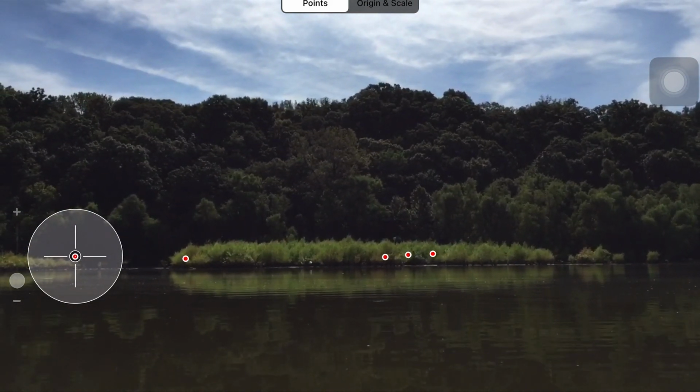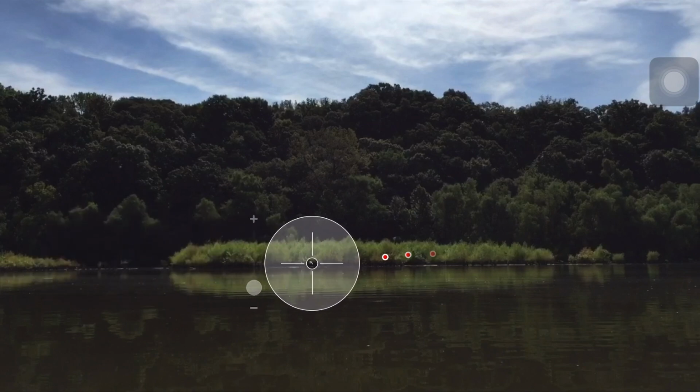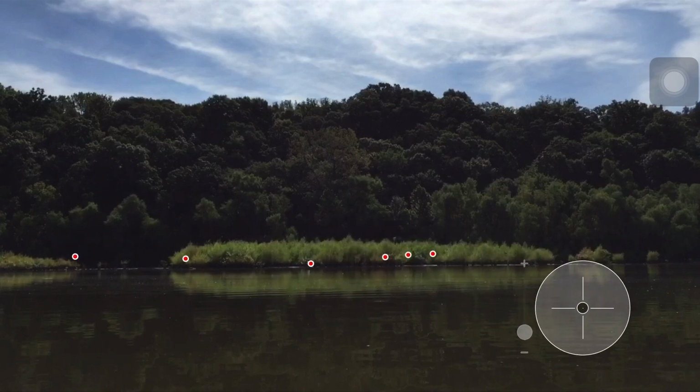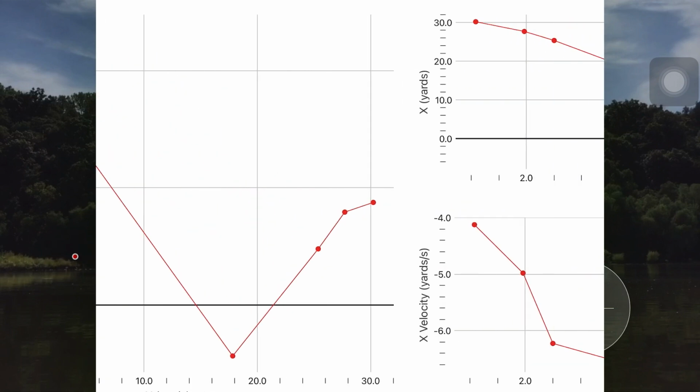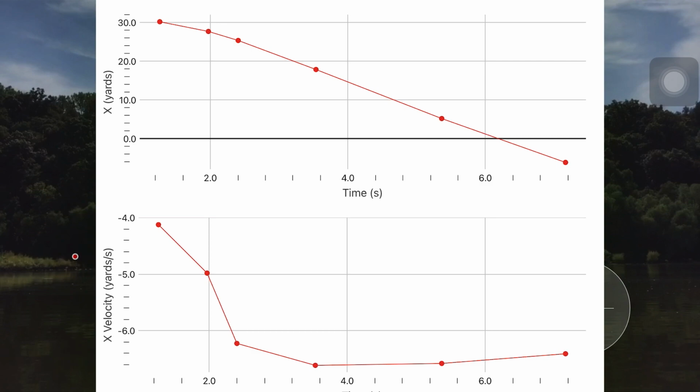Okay, so we have 5 points now, and what I'm going to do is tap the graph in the upper right corner. It looks like a graph with a squiggly line, and that will pull up my graphs. That first one's not so interesting.